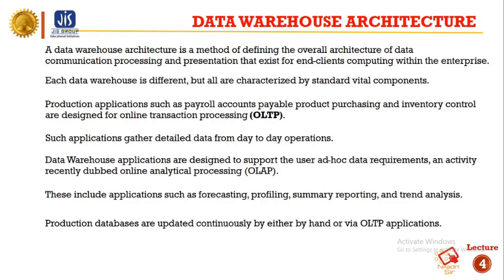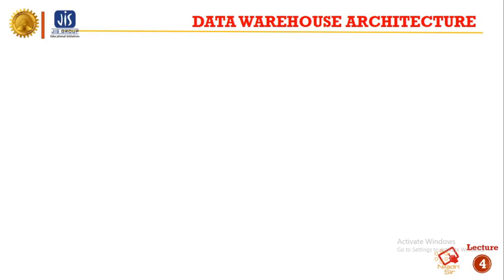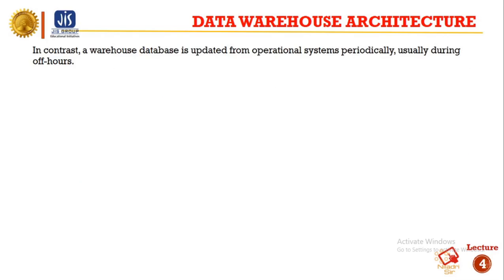Production databases are updated continuously, either by hand or via OLTP applications. In contrast, a warehouse database is updated from operational systems periodically, usually during off hours.